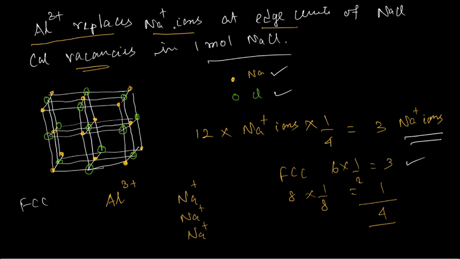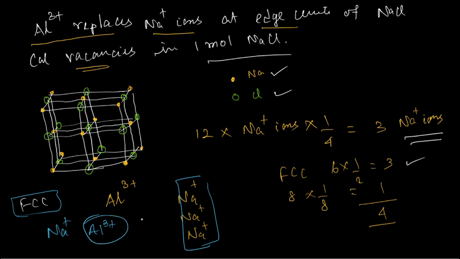Aluminium 3 plus replaces sodium cation at the edge unit of NaCl. Calculate the vacancies in 1 mole of NaCl. So what you have to do is draw the face-centered cubic crystal of sodium chloride, where Na plus is replaced by aluminium 3 plus. In such a way, for 3 Na plus, you have to replace with 1 Al3 plus, to maintain electrical neutrality.